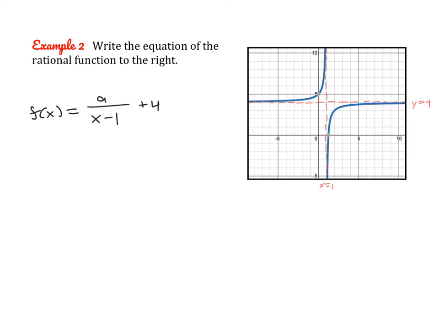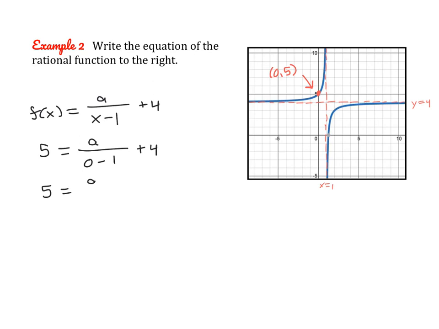Now let's look at our graph and find a clear point that we can substitute. So here I see a clear point. We have the point 0, 5. So we can substitute that for x and y. So our y value is 5 equals a over 0 minus 1 plus 4.